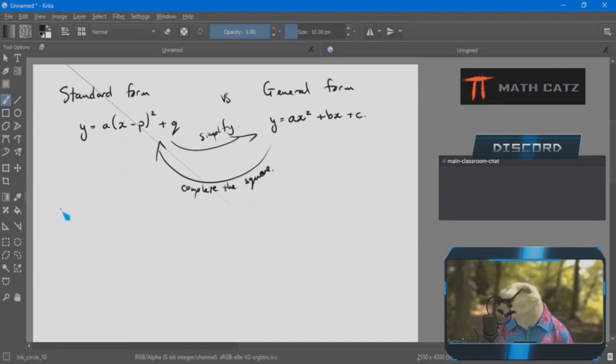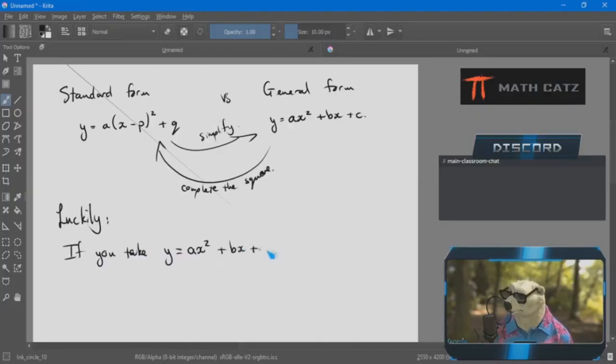But luckily, one could, if you take the general form without a specific example, y equals ax squared plus bx plus c, and you leave them general a, b, c, then you complete the square on that.